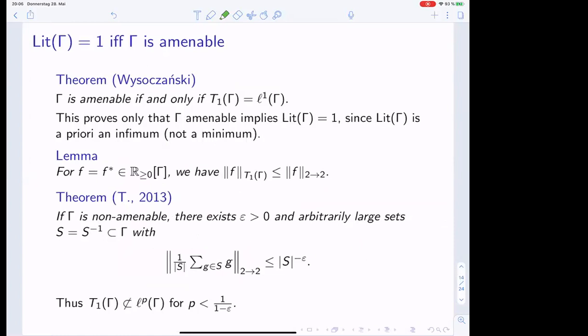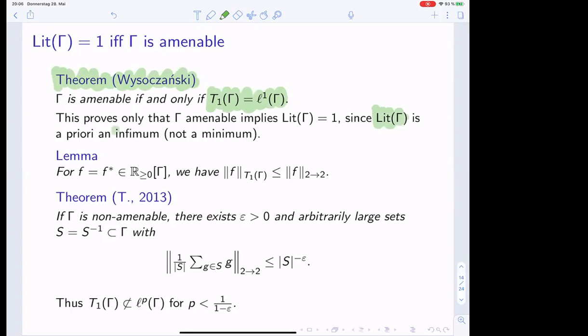So let me first say a few words about the amenable case. I already said that there's this theorem of Wysochansky, which characterizes amenability by the equality of these two Banach spaces. And this doesn't quite prove that Littlewood exponent equal to 1 implies amenability, because a priori this Littlewood exponent is an infimum, right?